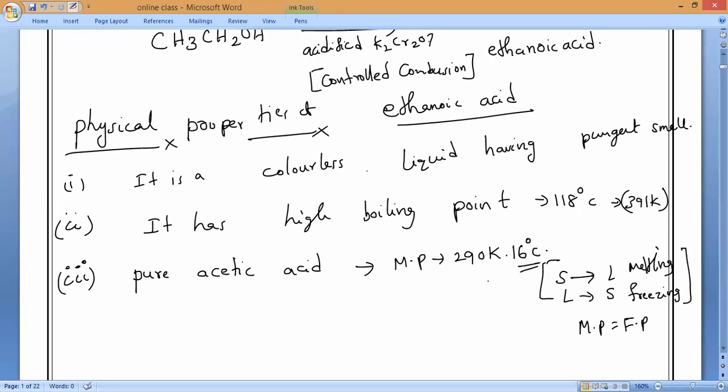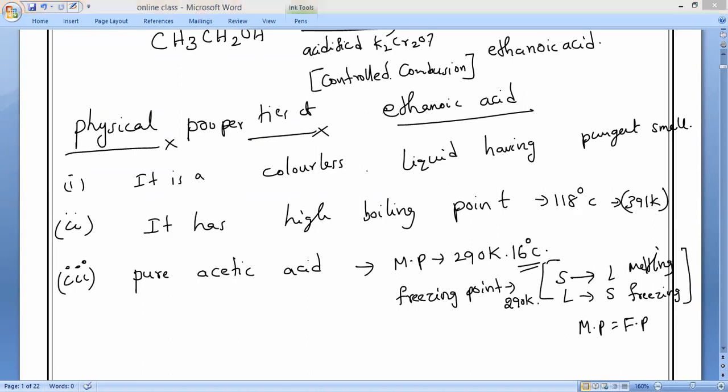Now if the melting point is 290, what is the freezing point? Everybody? Freezing point is also 290 Kelvin. Aswita, I'm not understanding your question.